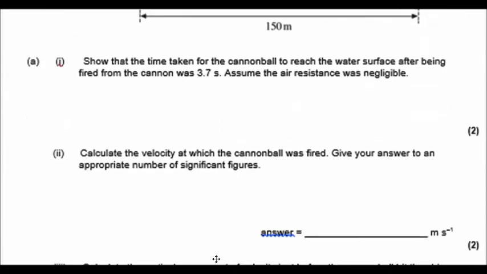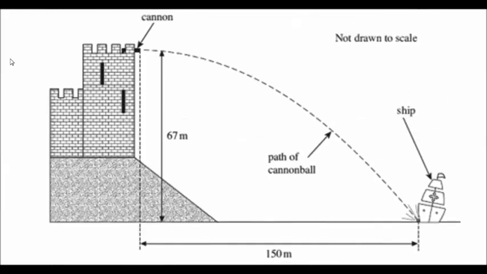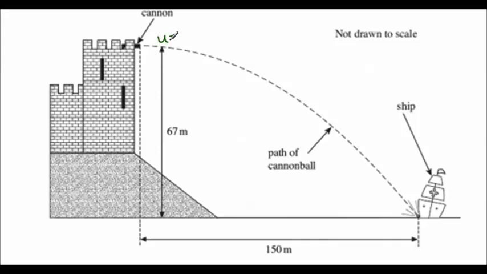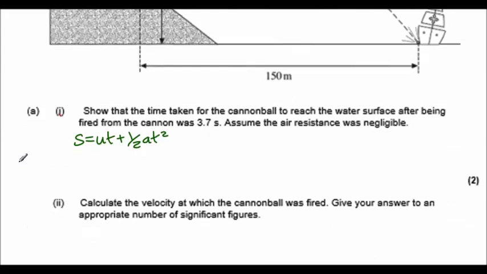So all we have to do here is quickly pick up our good old equation of motion, and we can have s equals ut plus half at squared. But u, our starting velocity when we're falling, is 0, so u doesn't actually come into this.